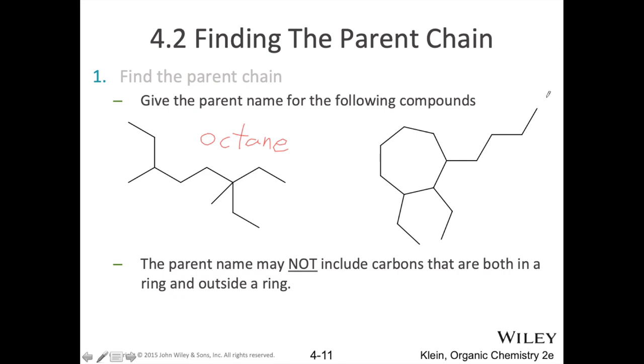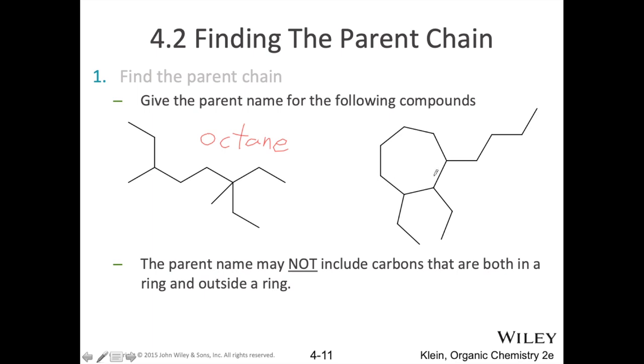You can't say, oh, I'm going to pick my longest continuous string of carbons as 1, 2, 3, 4, 5, 6, 7, 8, 9, 10, 11. That's actually not how it works. You've got to pick one or the other. So what determines this is which is bigger.